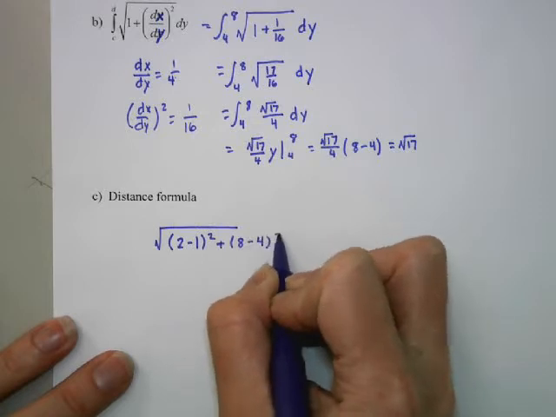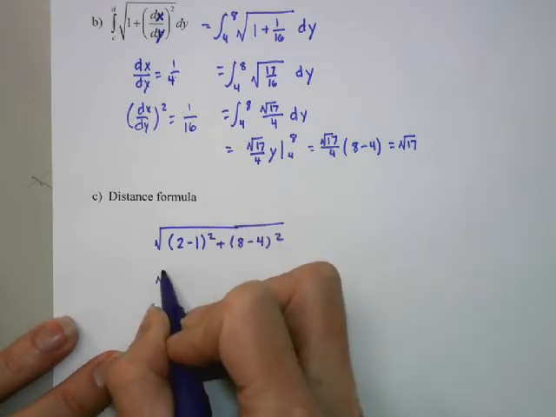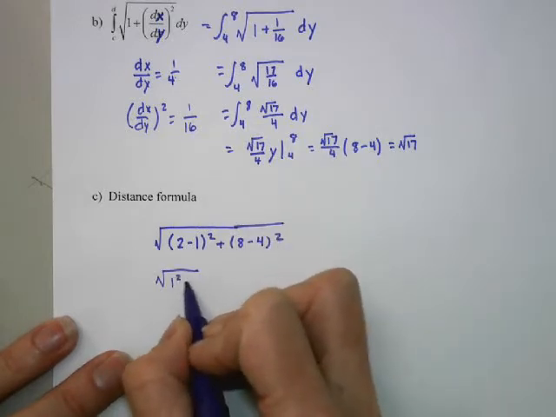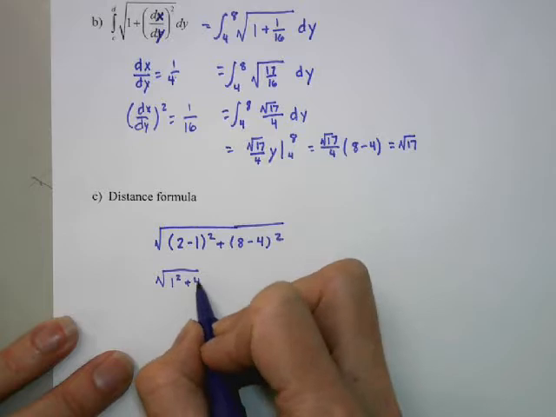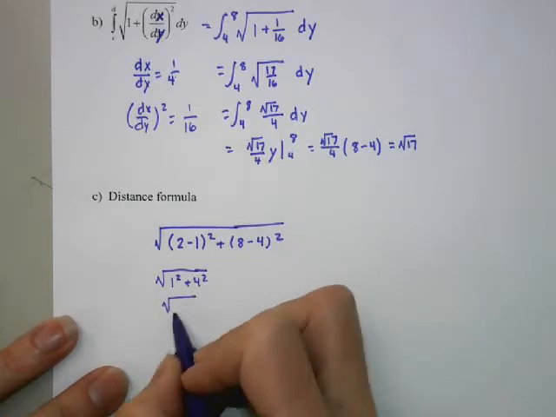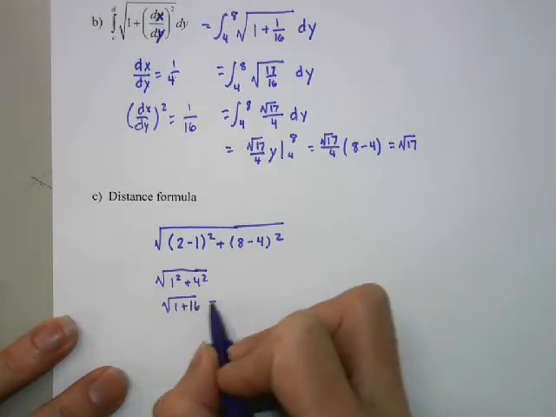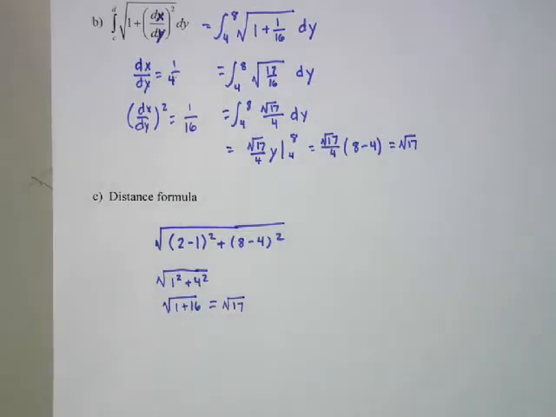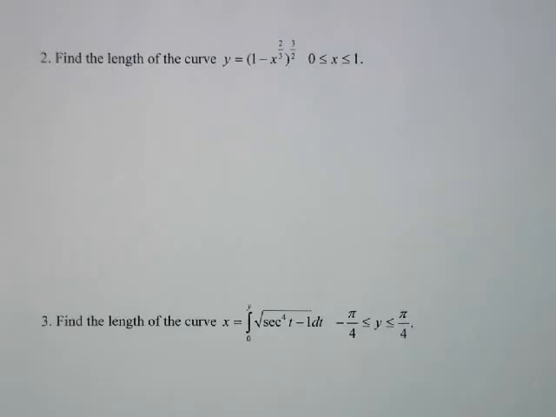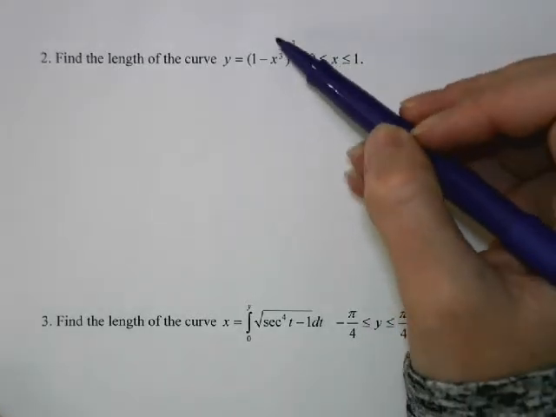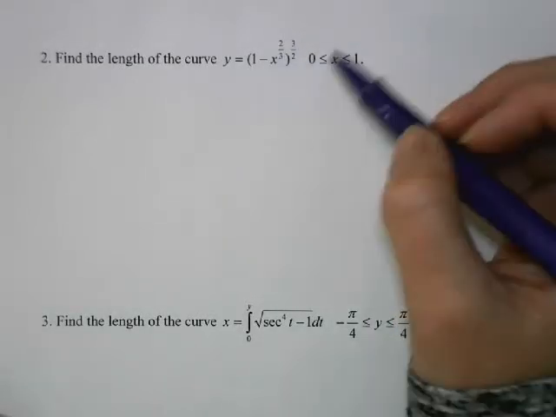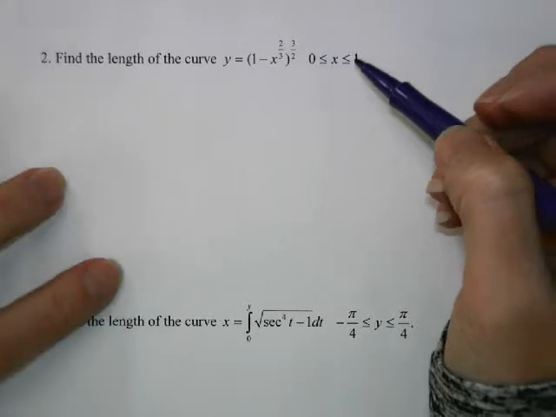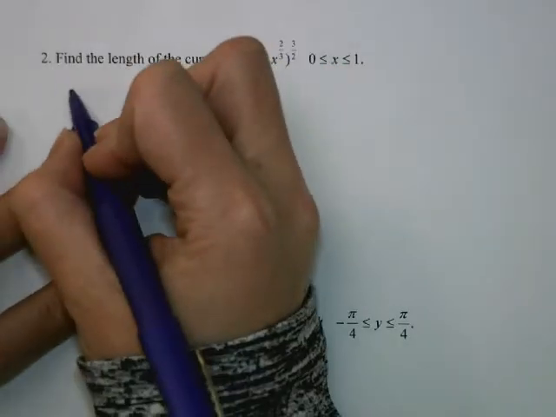So now we're going to find the length of the curve, 1 minus x to the 2/3, all of that to the 3/2 from 0 to 1. Okay, so I'm going to start by taking the derivative. So using the power rule, we're going to have 3/2 times 1 minus x to the 2/3, subtract 1, so that's going to be to the 1/2.